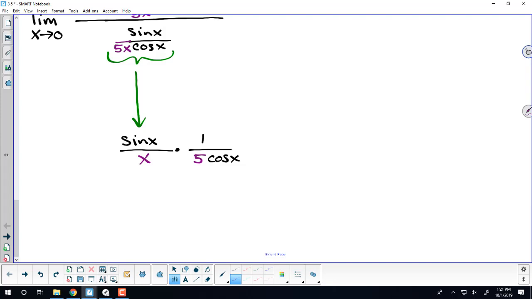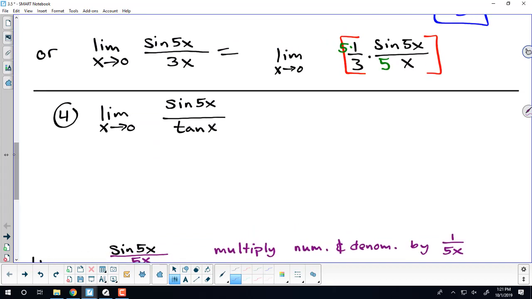So then that's our denominator. We can compute the limit as x approaches 0 of sine x over x with the theorem, and multiply it by, can we compute the limit of 1 over 5 cosine x as x goes to 0? Yeah, because cosine of 0 is 1. So that's how we need to break this up.